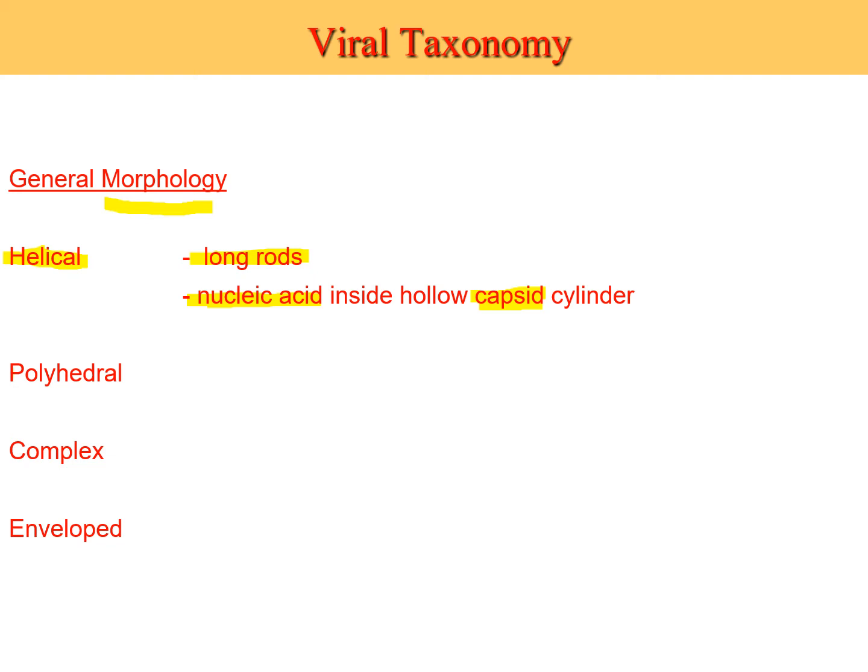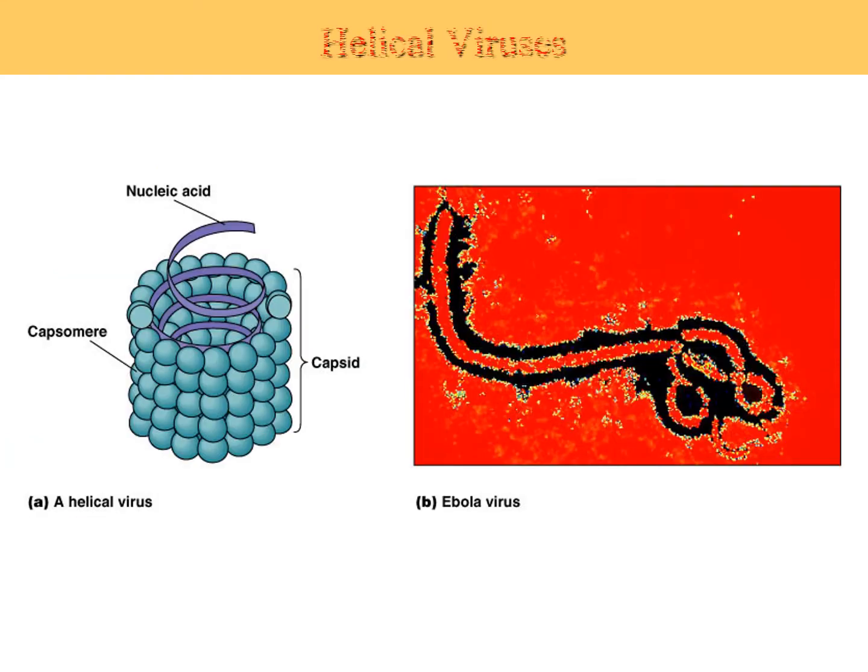Or they could be polyhedral, in many faceted shapes, like a crystal almost. Some are complex, and bacteriophage would be a good example of a complex one. And some of them, and it could be any of the shapes above, may have an envelope around them, so they may be enveloped.